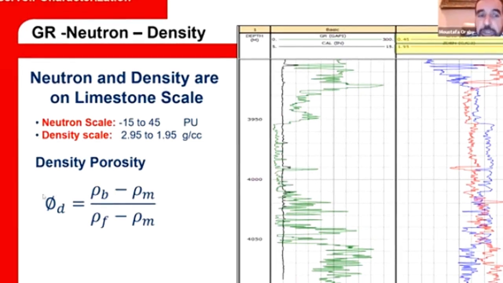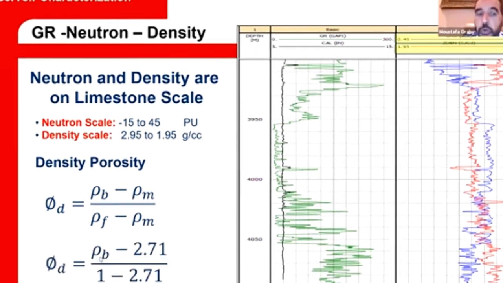This means that for your density porosity, you have no choice for the rho matrix. The density porosity is rho bulk minus 2.71, divided by rho fluid, which is the water, minus 2.71. Why are you using the water? Because that's the calibration fluid. The tools are calibrated to water, and that's why you need to stick with the calibration fluid.